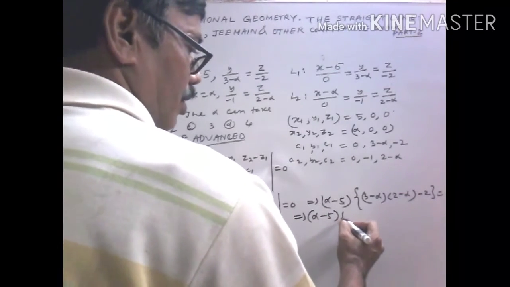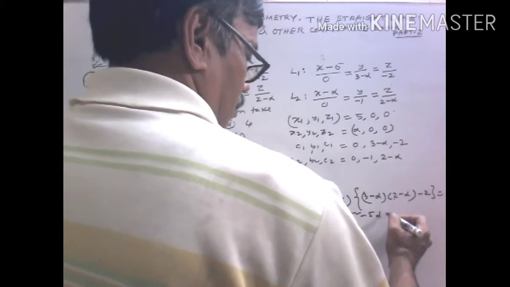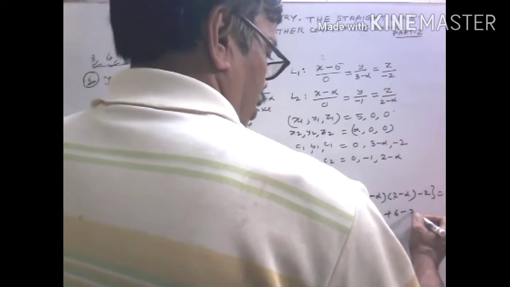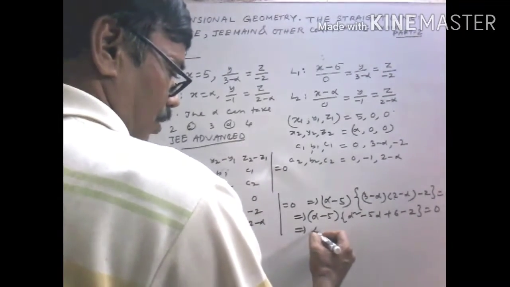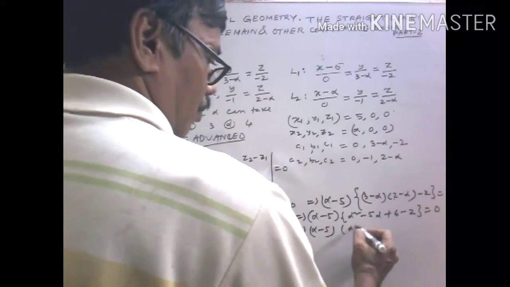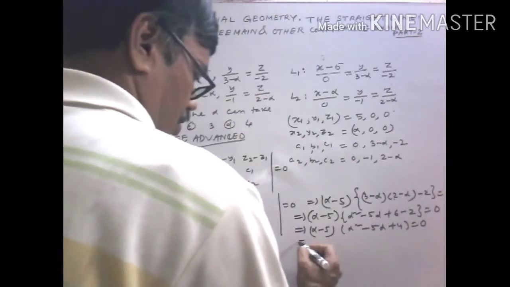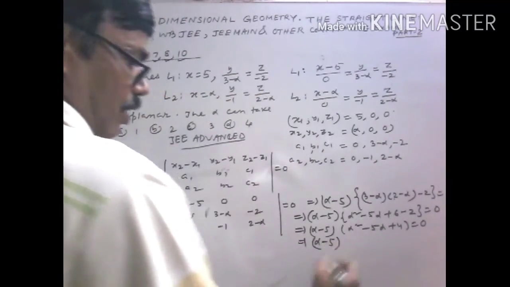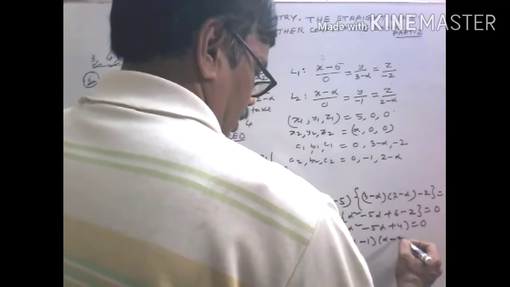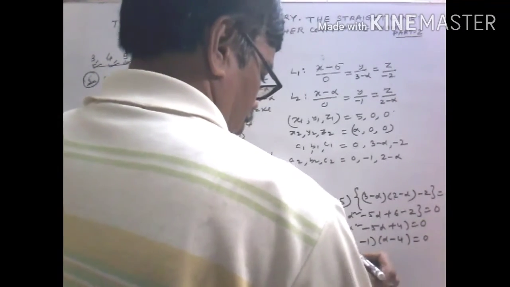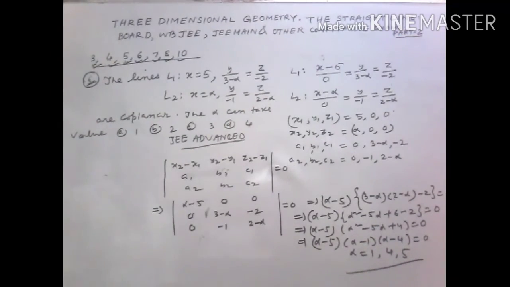So (alpha minus 5)(alpha square minus 5 alpha plus 6 minus 2) equals 0, so (alpha minus 5)(alpha square minus 5 alpha plus 4) equals 0. Factorizing, we get (alpha minus 1)(alpha minus 4) equals 0. So alpha equals 1, 4, 5.